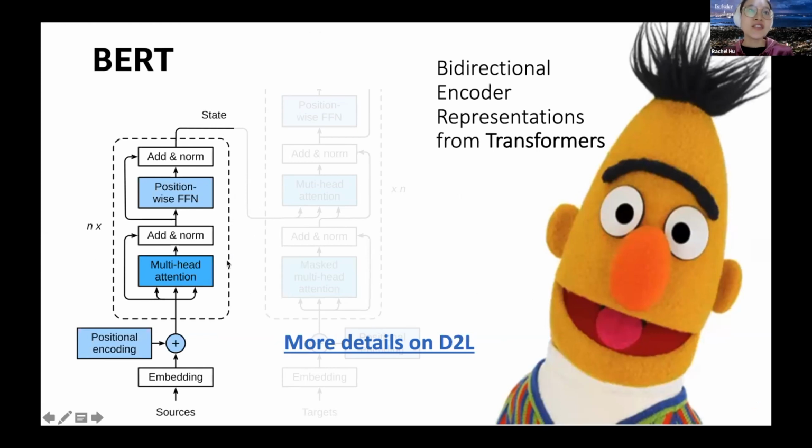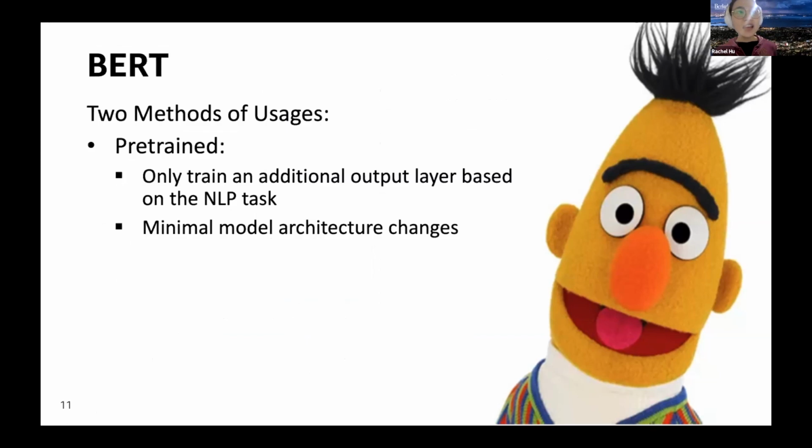If you're really interested in the technical details of how to implement BERT and how to pre-train BERT, you can check out D2L, Dive into Deep Learning, to see how to pre-train BERT and build each of the sections from scratch using just Python or Gluon. So that's BERT. And today we're going to focus really on how to use a pre-trained BERT model.